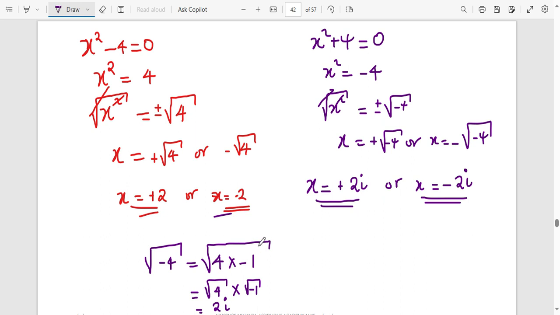But I've not removed this from the root, it's still in the root. So it's different if I say square root of 4 is equal to 4 times 1. This is not the same. That one is in the root. Okay.